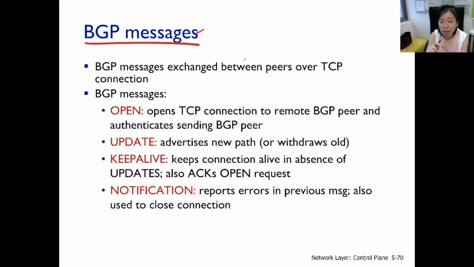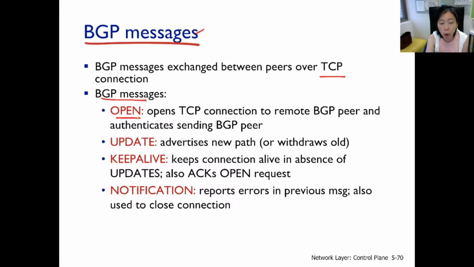There are other types of messages that BGP sends. Some of them are to send the path advertisements, the path vectors, but some of them are to establish the TCP connections for the session, or to tear down the TCP connection, or to keep the TCP sessions alive. Let's go through these BGP messages.